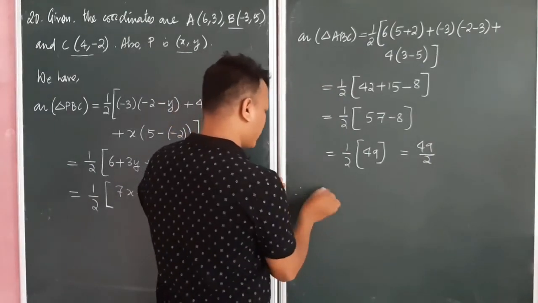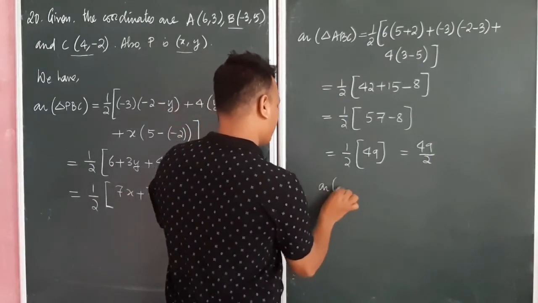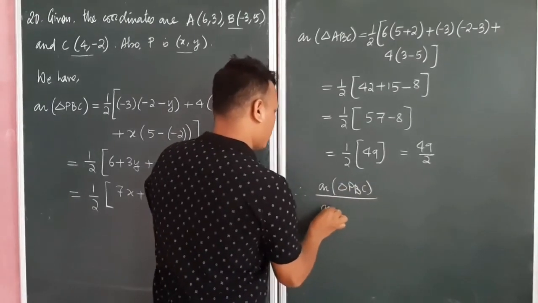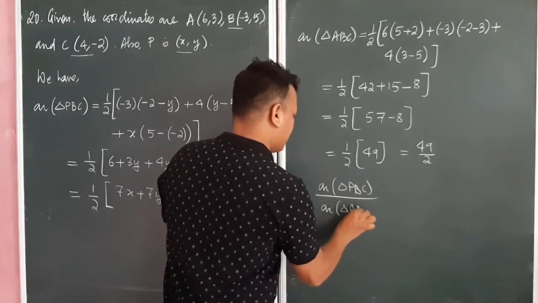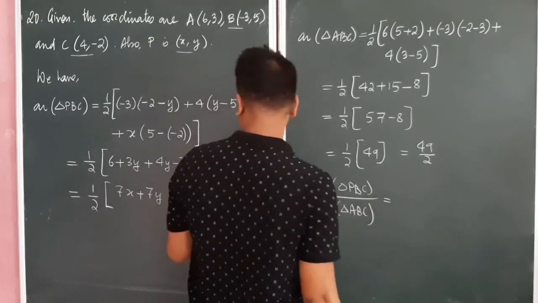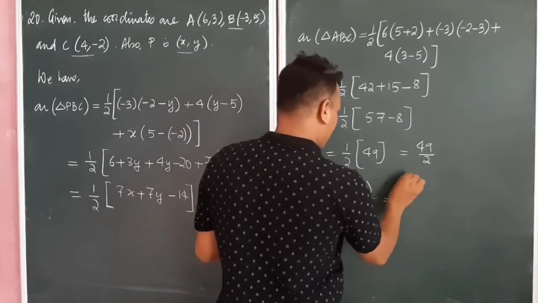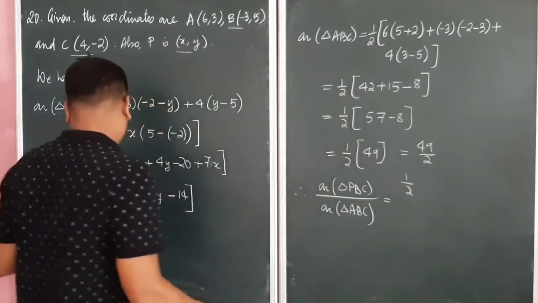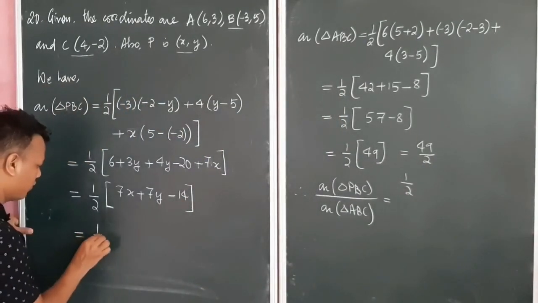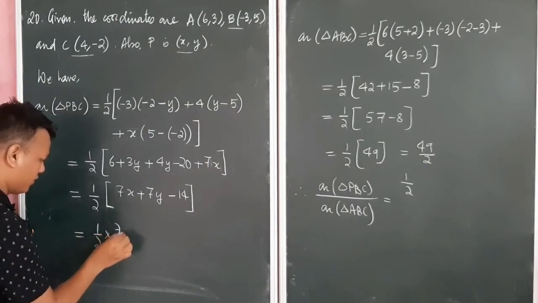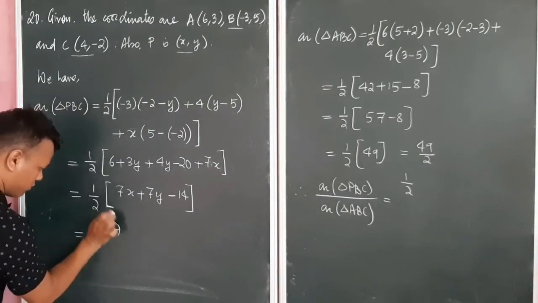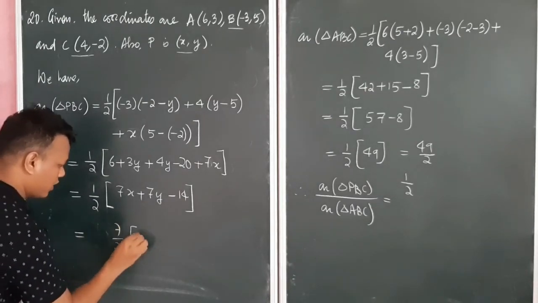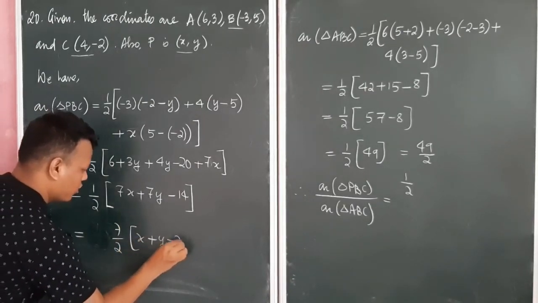Therefore we need to find the ratio. So we have the area of triangle PBC by the area of triangle ABC. So here we see that you can take out 7 common. You can write this as 7 by 2, and inside this we have x plus y minus 2.